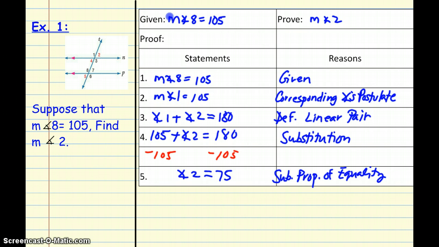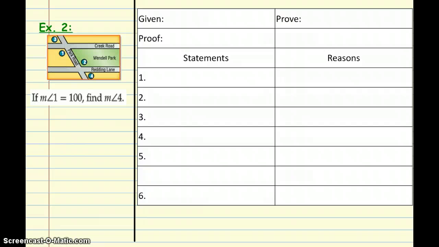And Miss Overly just shared with me that she's been sharing with you guys that at the end of a proof to put a little symbol. So here's my little symbol for you that we are done proving or finding the measure of angle 2. So let's go on to another one.